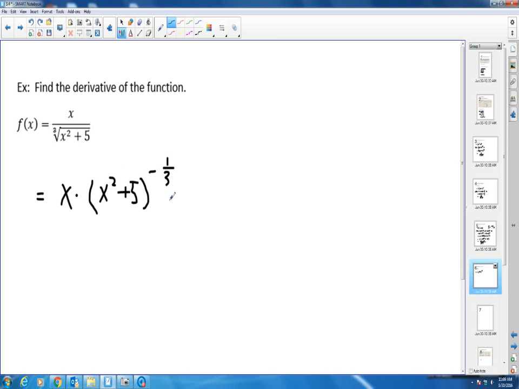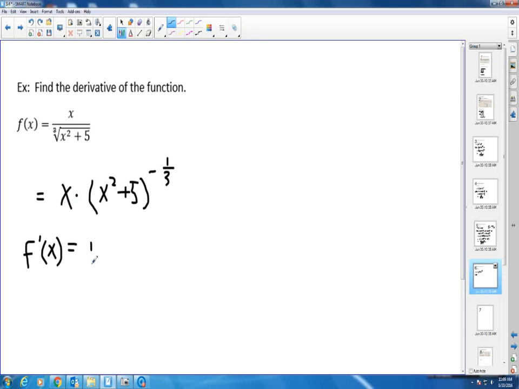Cube roots, so third power, denominator is 3. X squared plus 5 is to the first power on the inside of my radical. It's negative because I brought it back to the top. So this time I'm going to use product rule again. X is my first, and all this stuff back here is my second.